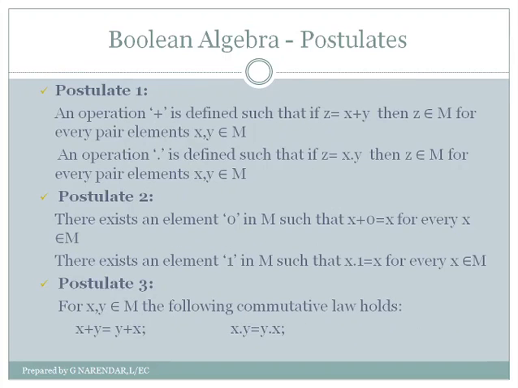Next we look at postulate number 1. This postulate defines two operations. The first one is logical addition, and that is defined with the symbol plus. But this plus is different from the normal addition operation defined in algebra.